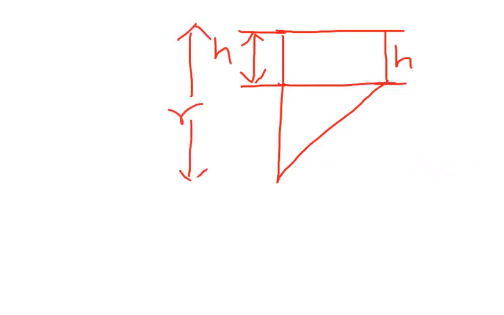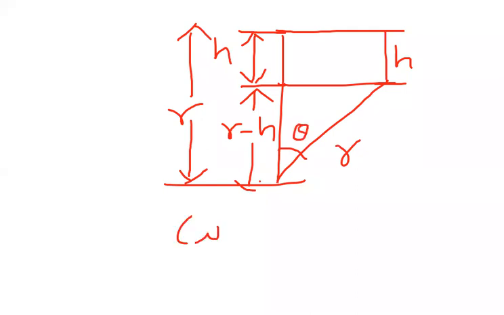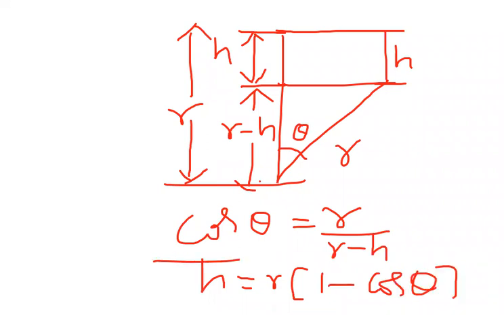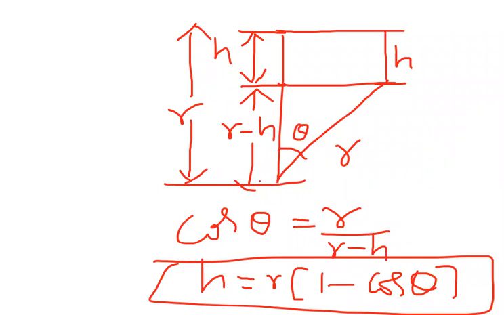So from here to here I can write it as r minus h, and this also is radius r, and this angle is theta. So what is cos theta? I can write r minus h by r. From here I can write h is equal to r into 1 minus cos theta. That is my expression.